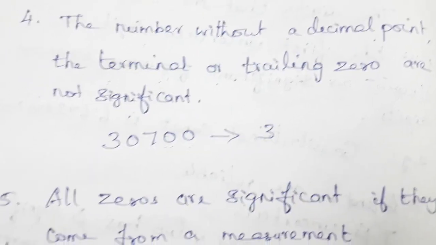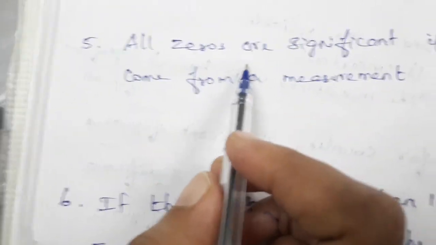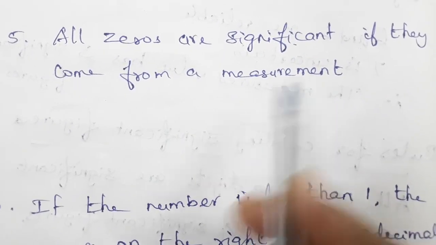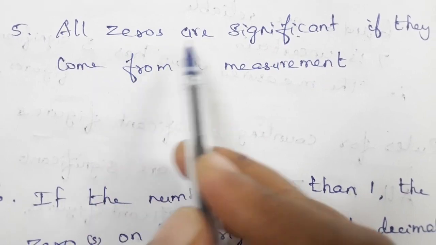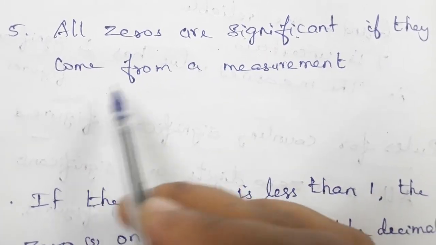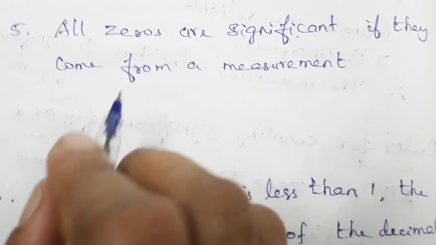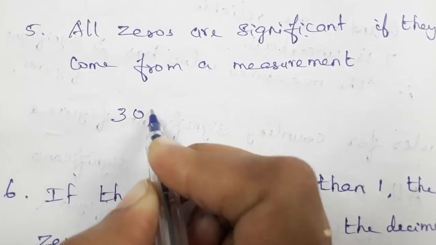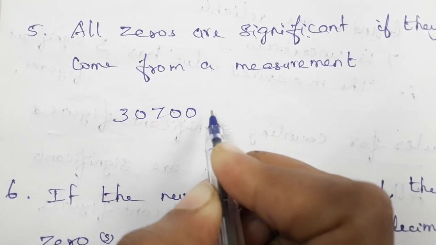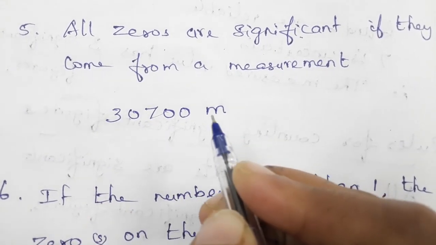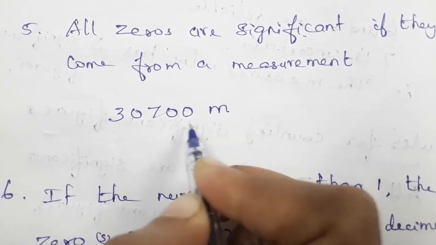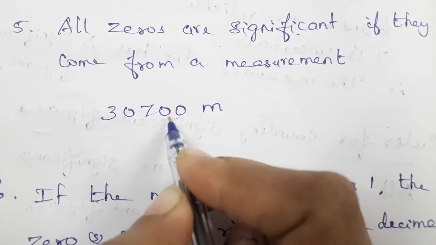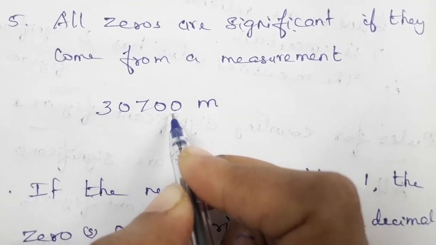The next rule: all zeros are significant if they come from a measurement. Suppose the measurement is 30700 meter. It means it comes under a measurement. So these zeros are also included as significant.